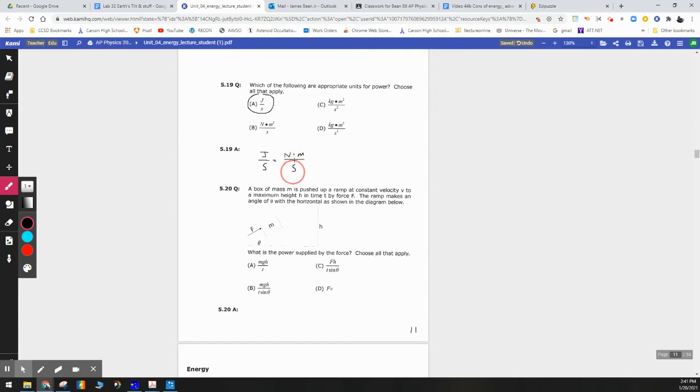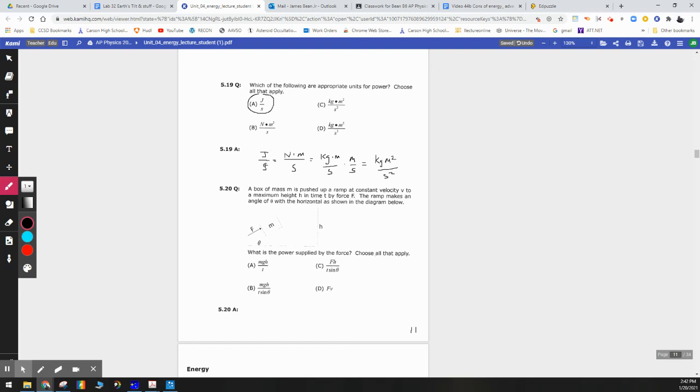And newtons is kilograms times meters over seconds squared, and we still have meters over seconds over here. So you can see that we could have kilograms times meters squared over seconds squared. Using this, see which answers might apply over here as well.